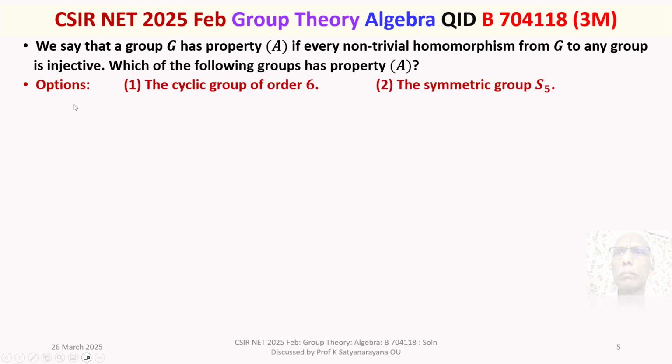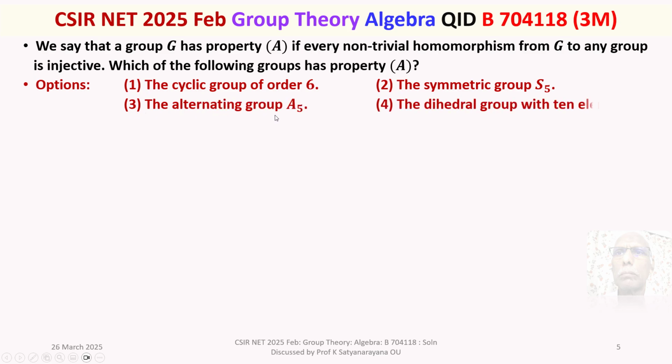We are given 4 options. Option 1, the cyclic group of order 6. Option 2, the symmetric group S5. Option 3, the alternating group A5. Option 4, the dihedral group with 10 elements.